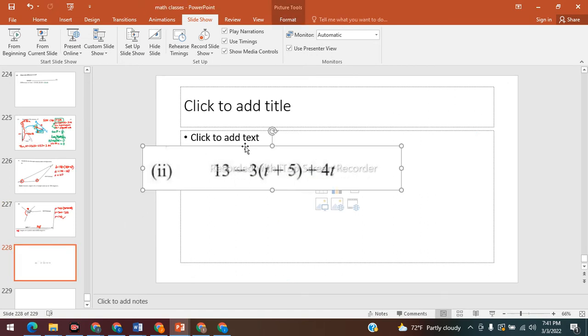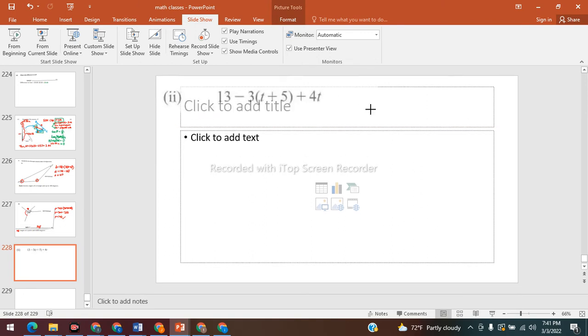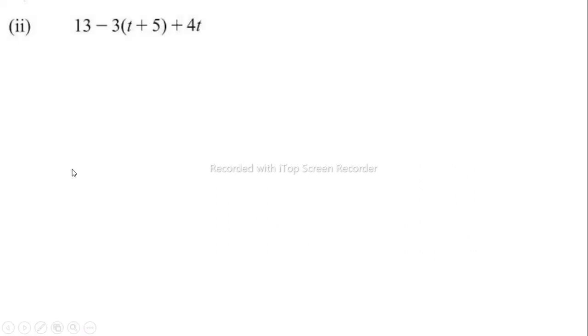So let's see how we want to operate with this. We have 13 minus 3 open bracket t plus 5 close bracket plus 4t.